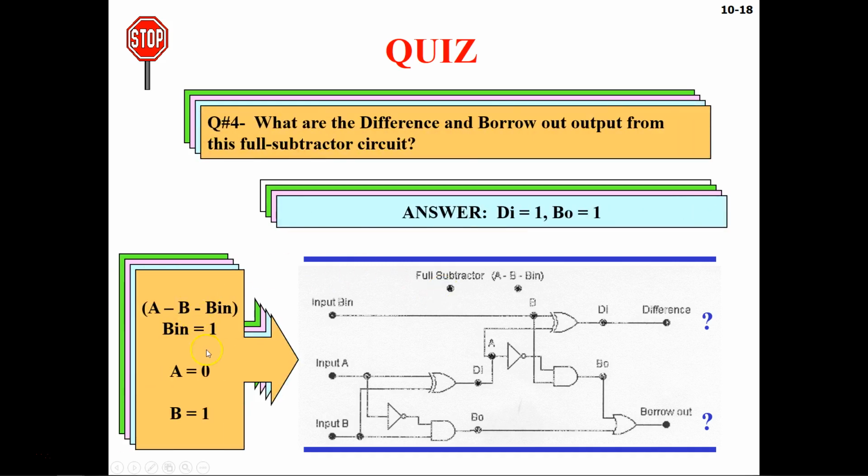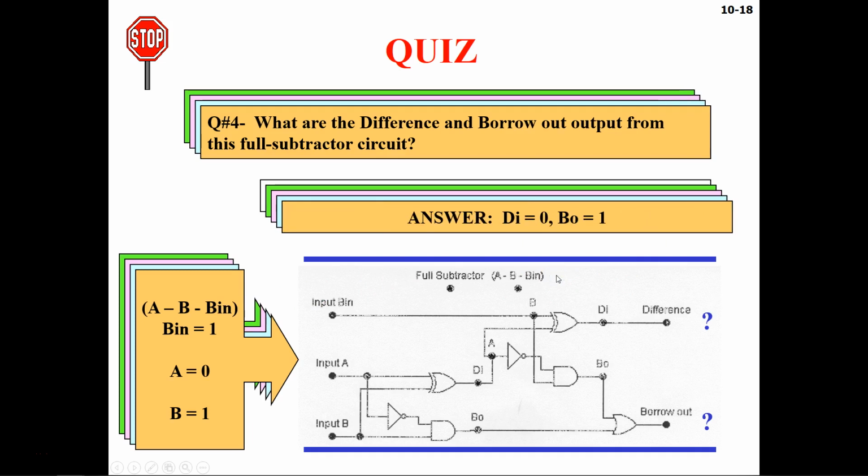And then in this case you have A equal to 0, B equal to 1, and B in is 1. So 0 minus 1, you have to take a borrow. So you will have 2 here, and 2 minus 1 is 1. Then 1 minus B in, B in is 1, so it's going to be 0. So the difference is going to be 0 and borrow is going to be 1 in this case.